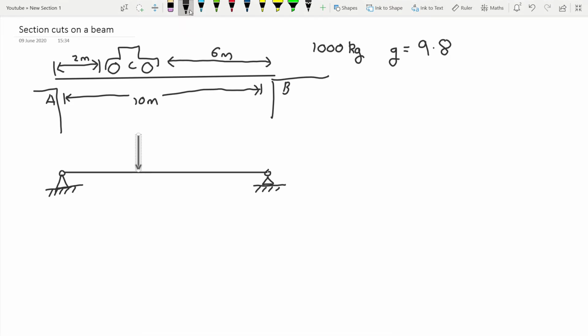So the force is 1,000 kilograms times 9.8 gives us 9,800 newtons. For this example, we're ignoring the weight of the bridge itself. We can draw this again.